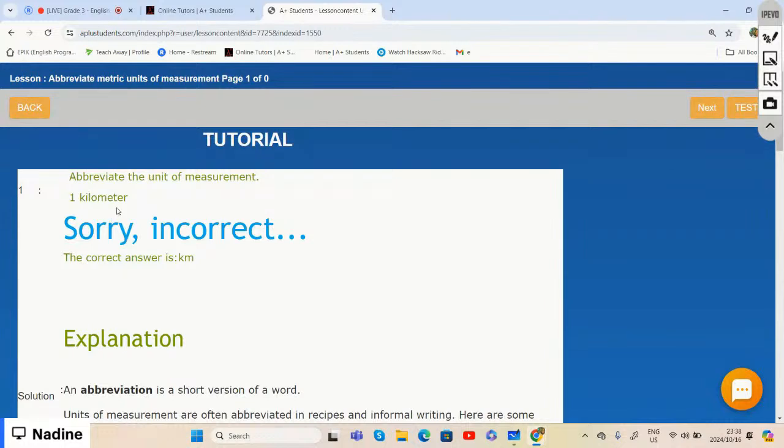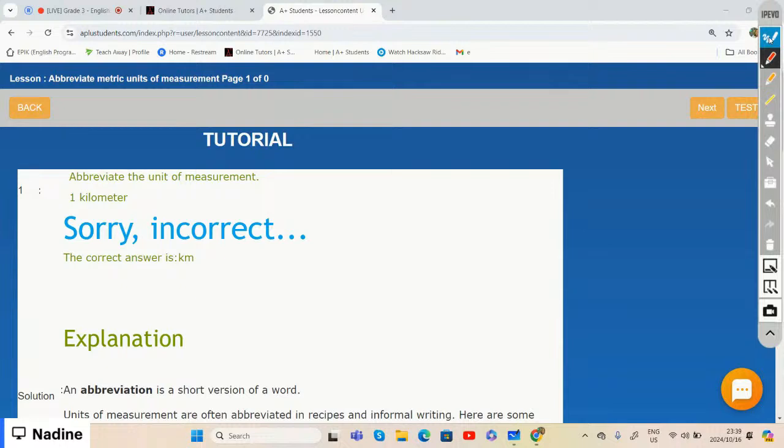How are we going to abbreviate kilometer? 1 kilometer to school, 1 kilometer to the shop. Yes, and if we were to abbreviate 1 kilometer, we will say it is km for kilometer. Well done.